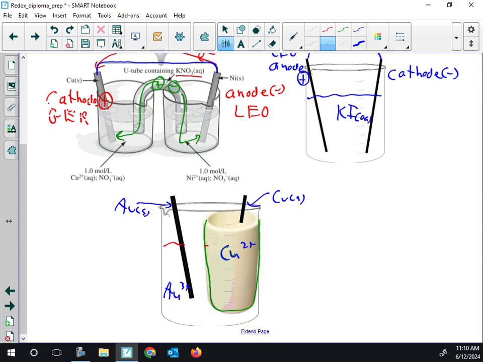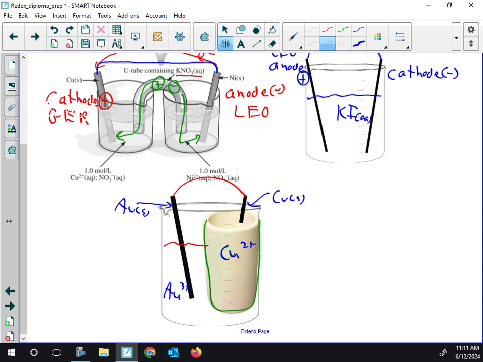It's important that the gold solution doesn't overtop the porous cup, so the copper ions and the gold ions are kept totally separate. And if you connect up those two electrodes with a wire, an external cell, current is going to flow from the anode to the cathode. And cations and anions can flow right through that porous cup and get to the appropriate electrode.